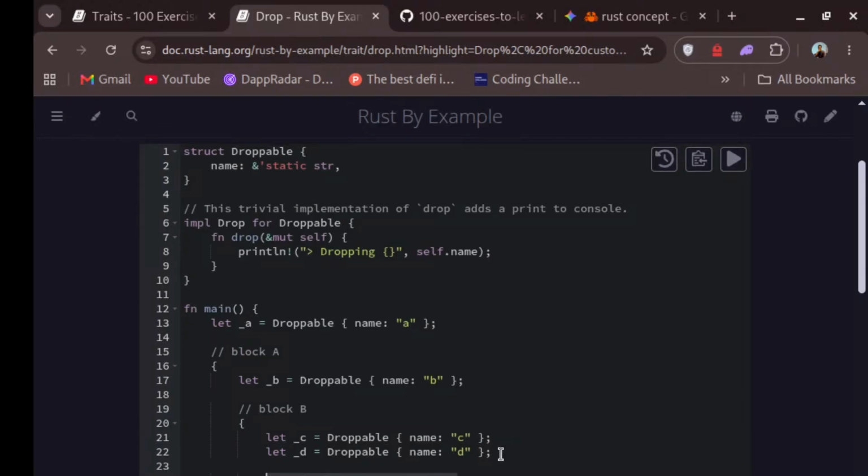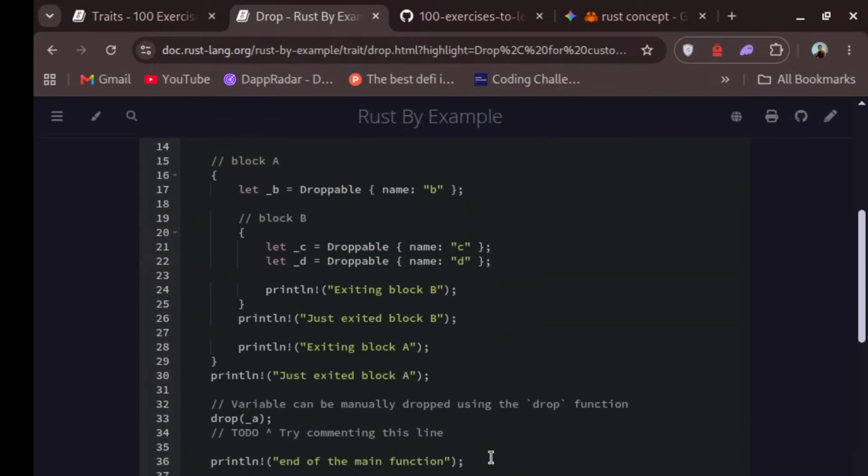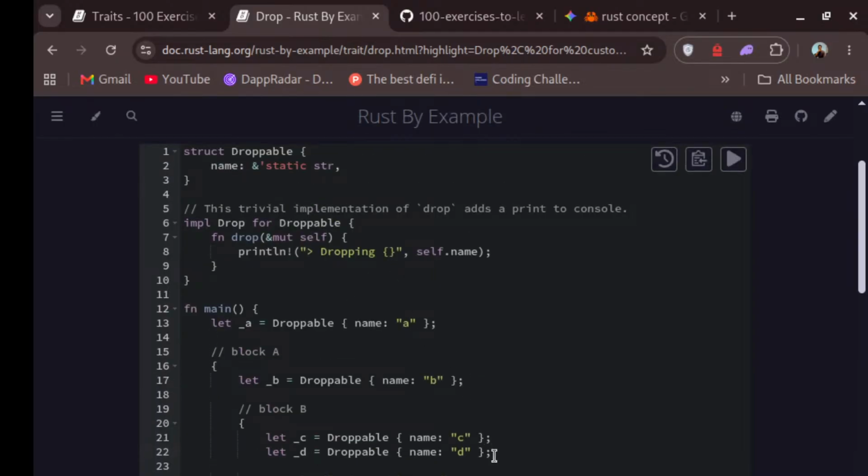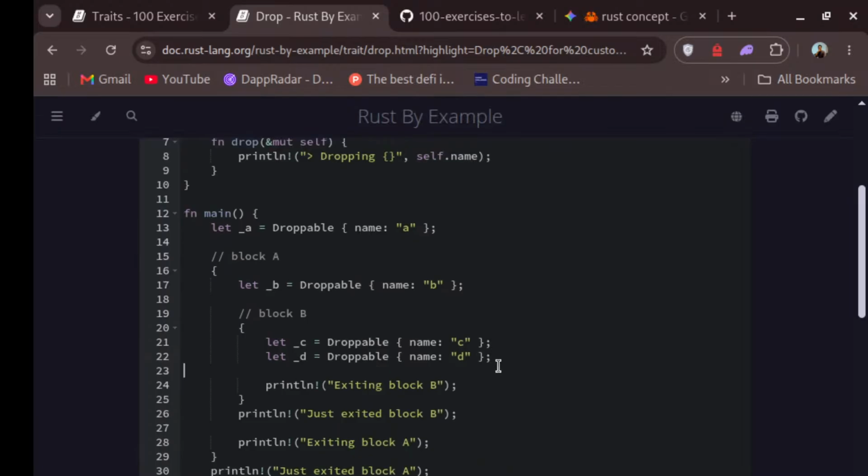So we are dropping C and D. We are dropping this part. First we execute this print, and after that we are dropping this part.